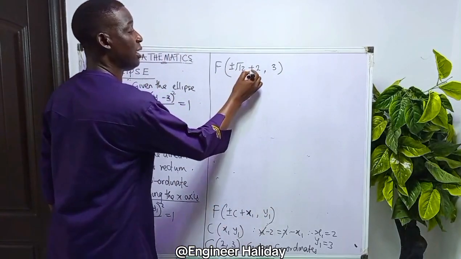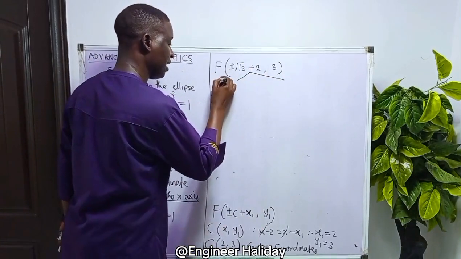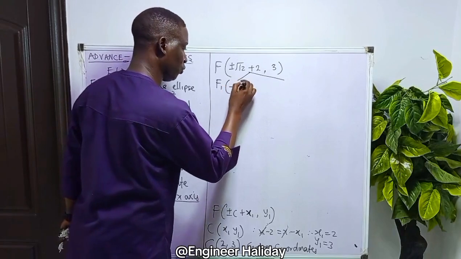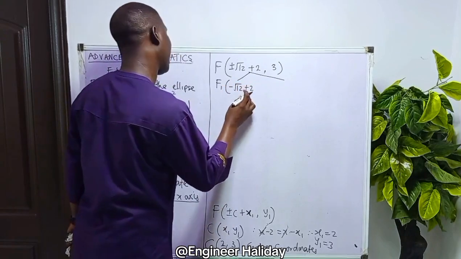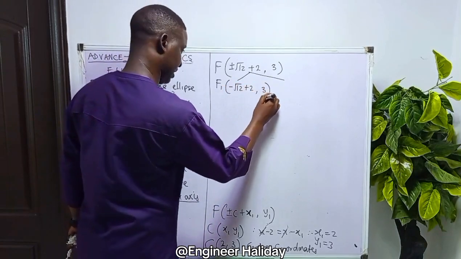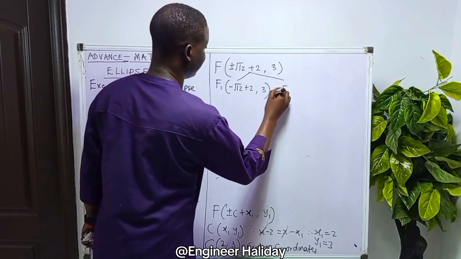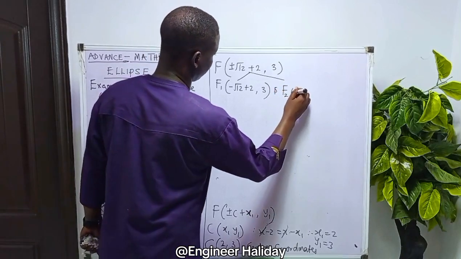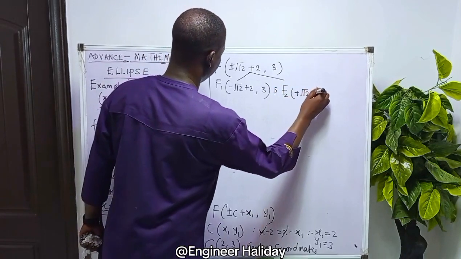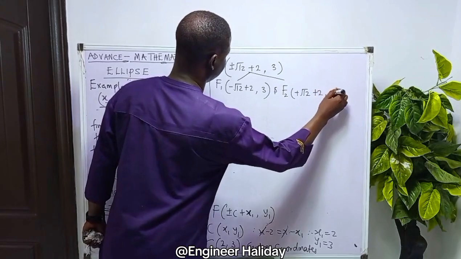So you can write our answer like this. We can have F1 equal to minus square root of 12 plus 2, 3. We cannot add it, just leave it like that. In some cases you can add it. And F2 equal to plus square root of 12 plus 2, 3.